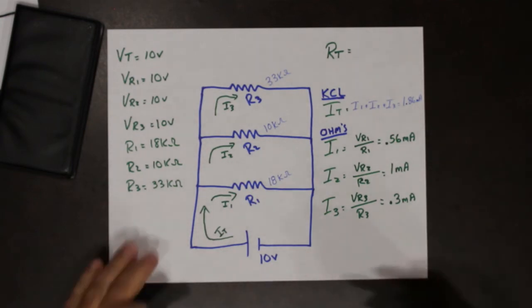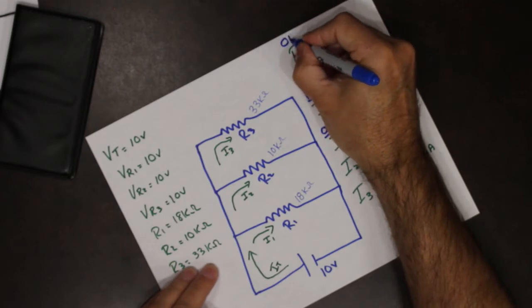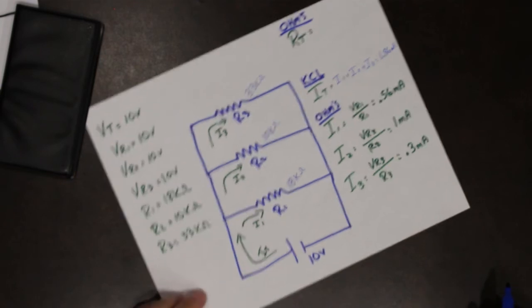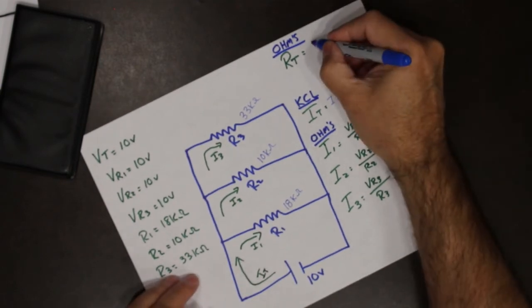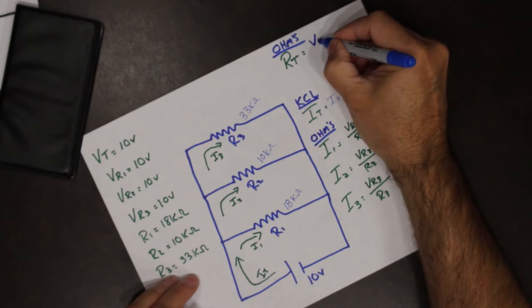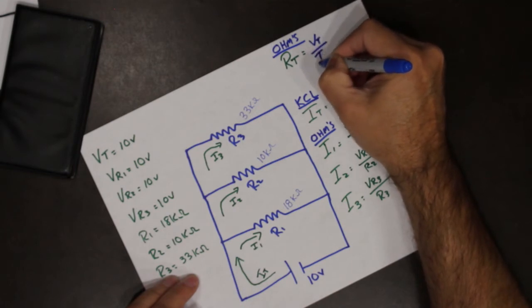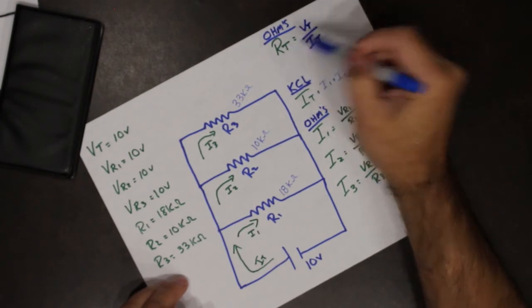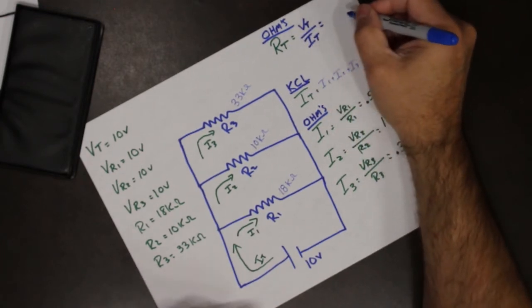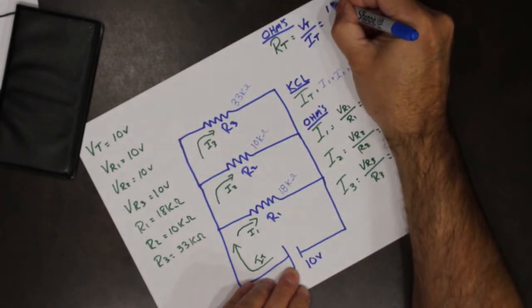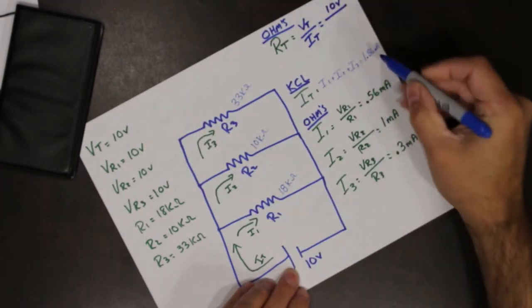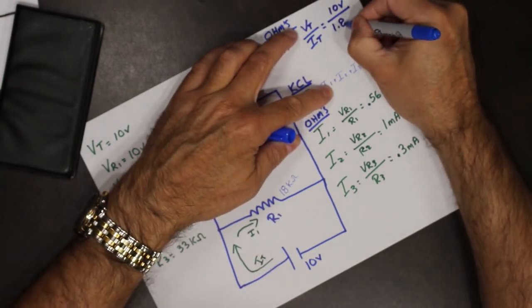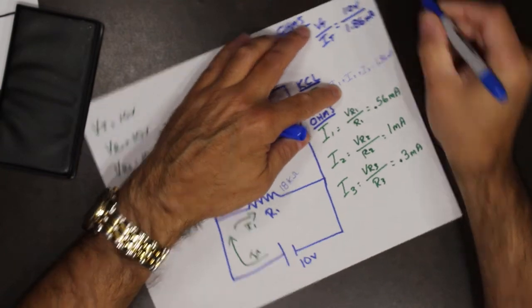For our total, we're going to use Ohm's law again. So with Ohm's law, it states that R total is equal to V total over I total. We use totals to calculate totals. V total is 10 volts. I total from this calculation is 1.86 milliamps.